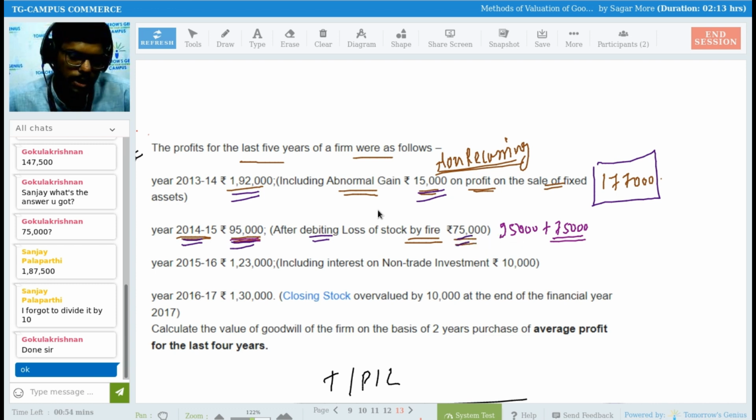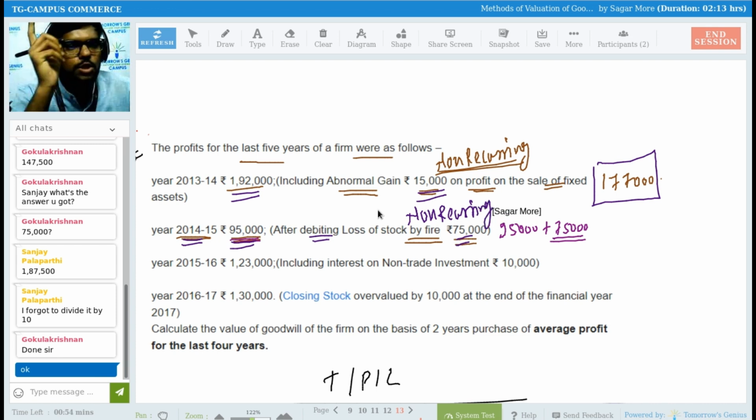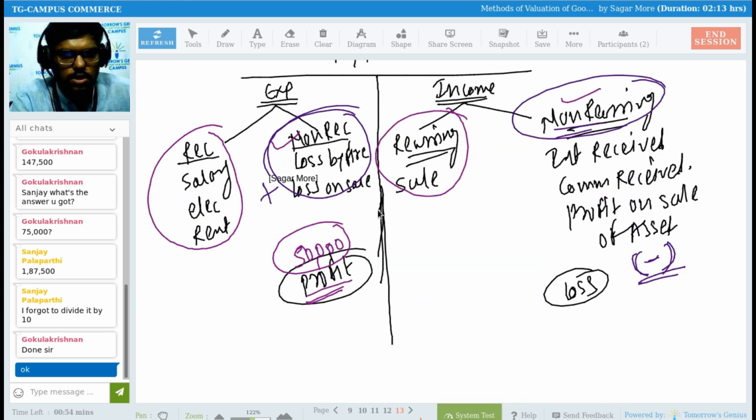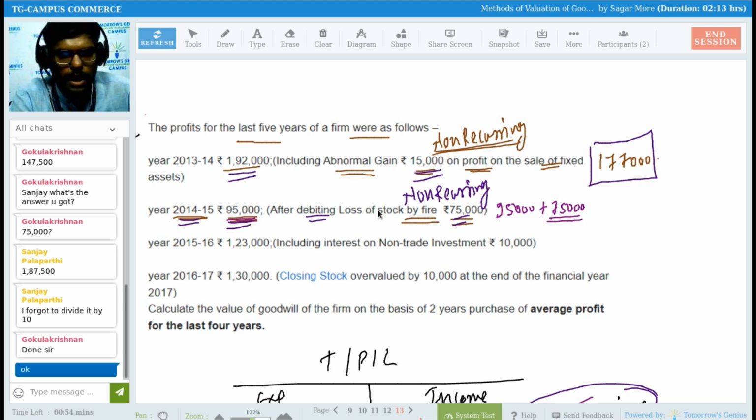First of all, I need to understand whether it is a recurring or non-recurring expense. It is a non-recurring expense. Previously non-recurring expenses were subtracted; now we have to add them back. See here, non-recurring expenses and losses we have to add. So that's why to 95,000 I need to add back 75,000 rupees.